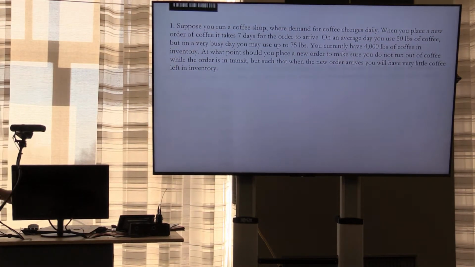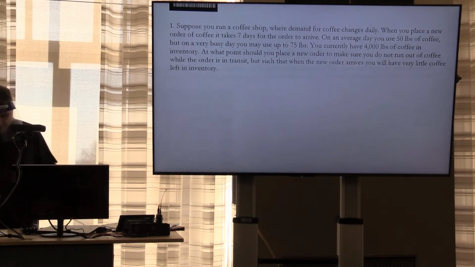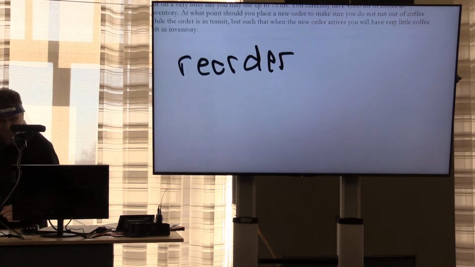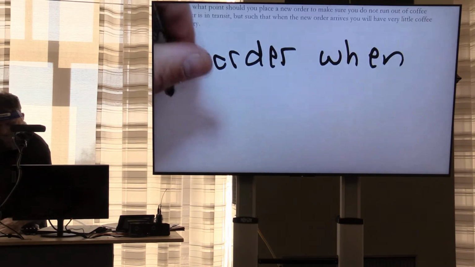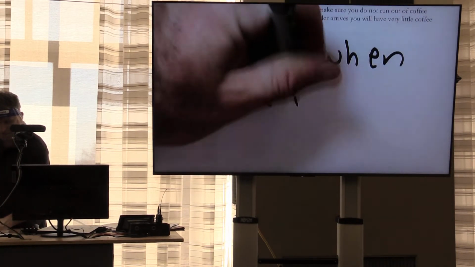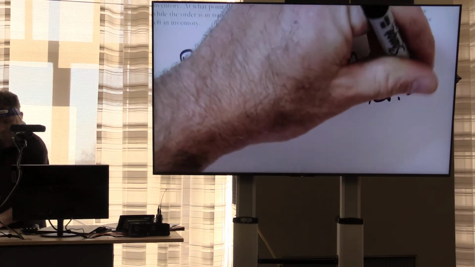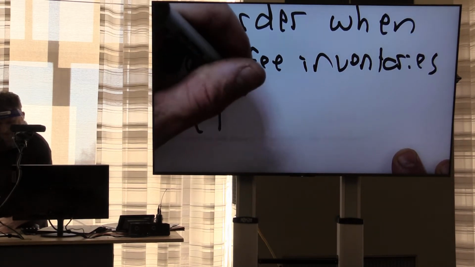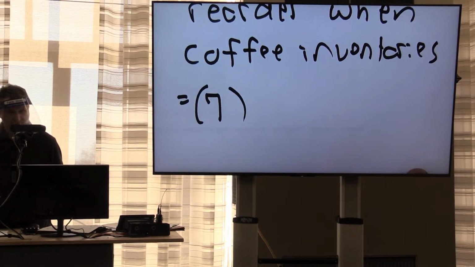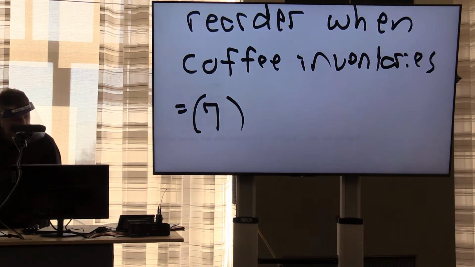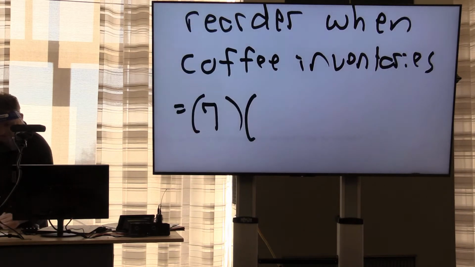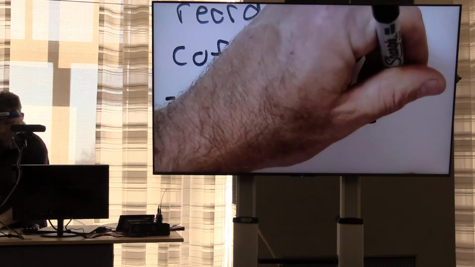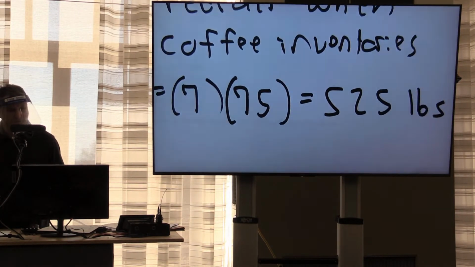And so we can just make the simple calculation where we say reorder when coffee inventories equal lead time, which is 7 days, times, on a busy day, if we had a busy day every day for 7 days, we'd be using 75 pounds of coffee, which is 525 pounds.